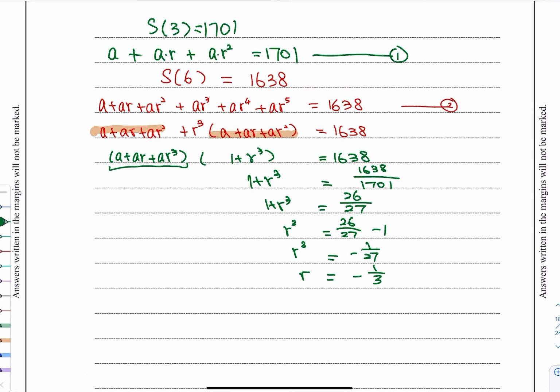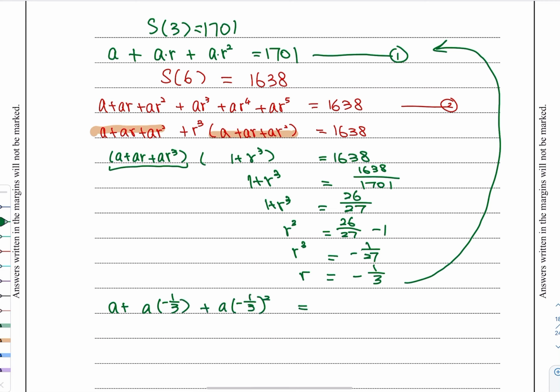After finding out R, you can just replace it in any of them. So let's say in our first equation, you will have A plus A times R plus A times R square equals 1701. Because you don't know A, let's take that as common because they all have it.